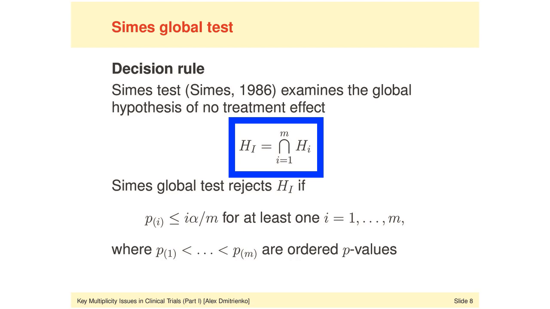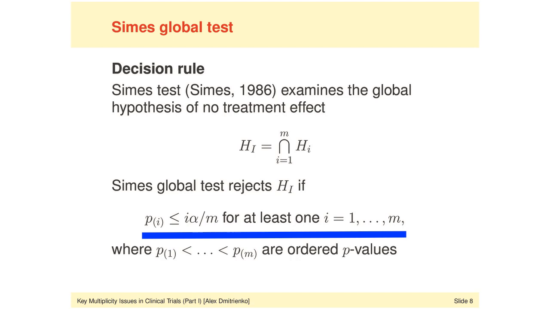The Simes test rejects the global null hypothesis if at least one of these conditions is satisfied, and there are m different conditions, as you can see here at the bottom of the slide. And here we use the parenthetical notation that I introduced in Module B. The p-values that are given at the very bottom of the slide are not the original p-values.